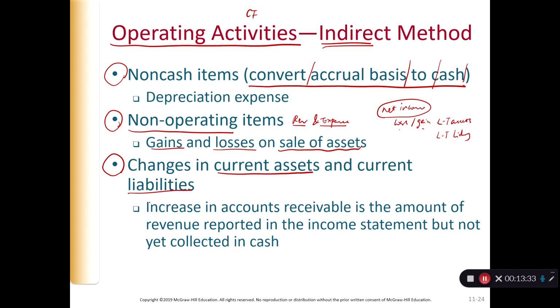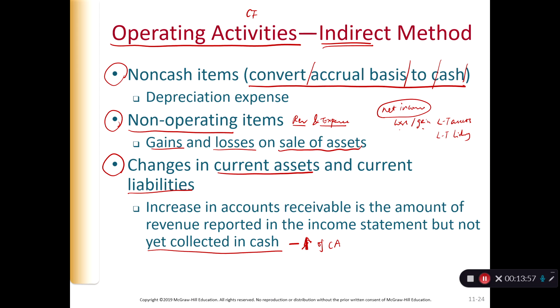So the mantra, or the simplicity of it, is that the increase in accounts receivable is the amount of revenue reported in the income statement but not collected in cash yet. Hence, you want to subtract the increase of the current asset, right?